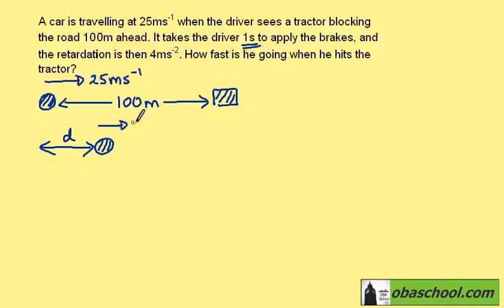So at this point the car is still travelling at 25 meters per second, since the brakes have not yet been applied. During the remaining distance, he applies the brakes, and the retardation, negative acceleration, is 4 meters per second squared.